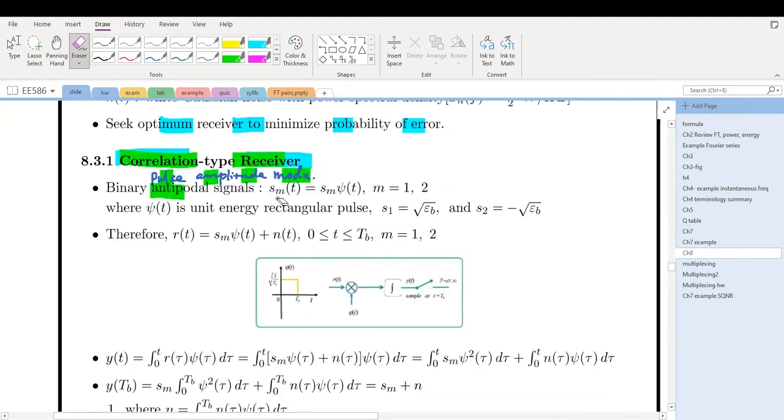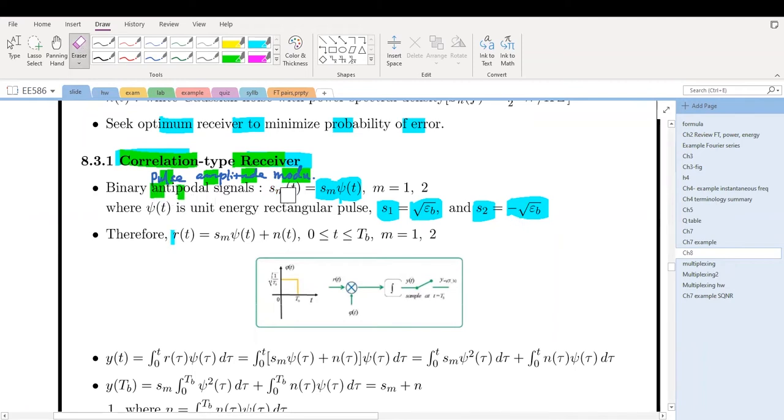Now we use a geometric representation of those pulses. s_m(t), the pulses, equals a coefficient multiplied by the base function psi. For s1 the coefficient is square root of E_b, and for s2 the coefficient is minus square root of E_b.